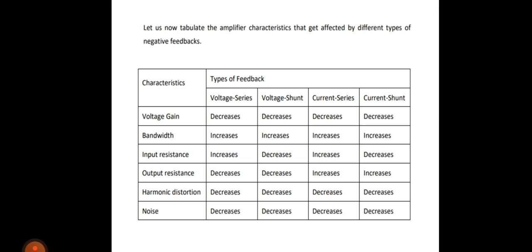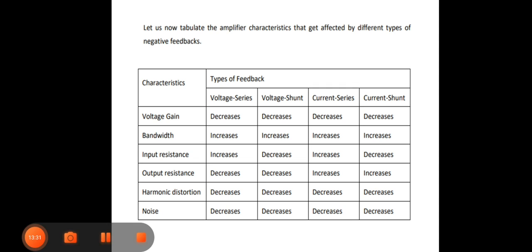If it is shunt mixing, input resistance with feedback decreases. Similarly, depending on the type of sampling, we can say whether output resistance increases or decreases. If it is voltage sampling, that is a parallel connection, therefore output resistance with feedback decreases. If it is current sampling, the output resistance with feedback increases.